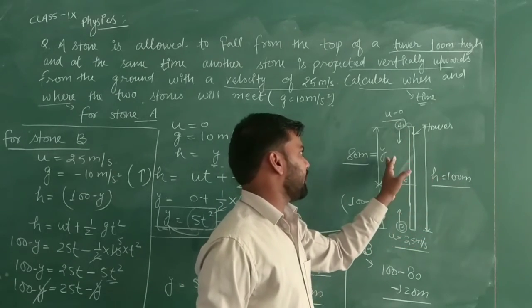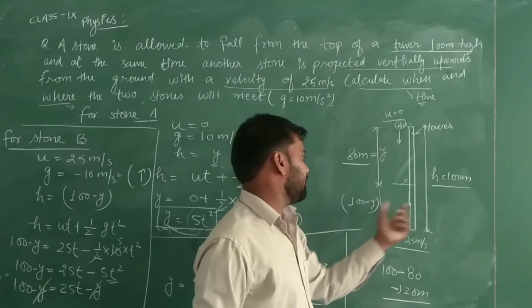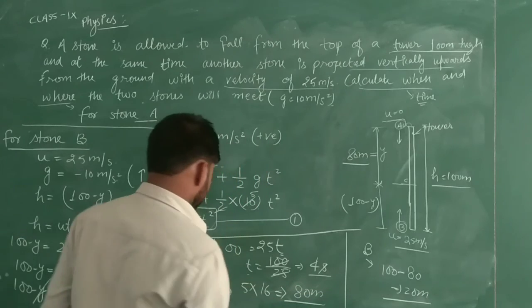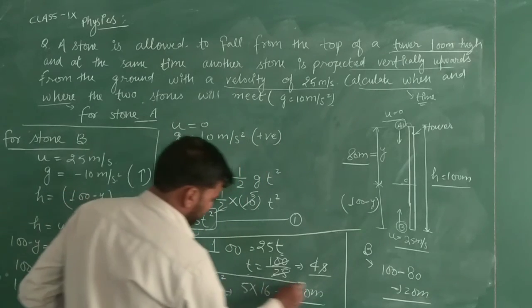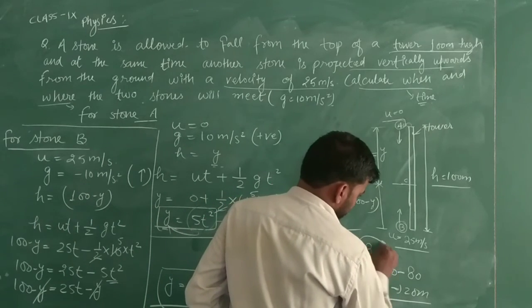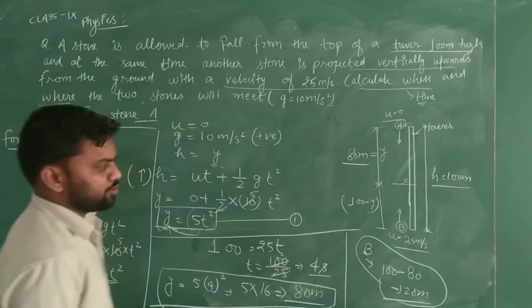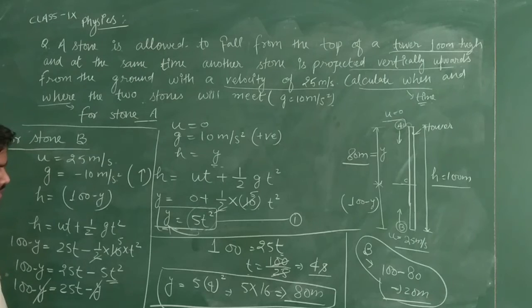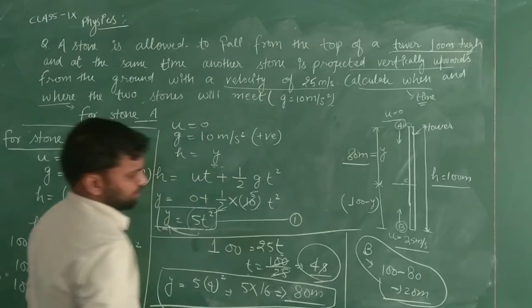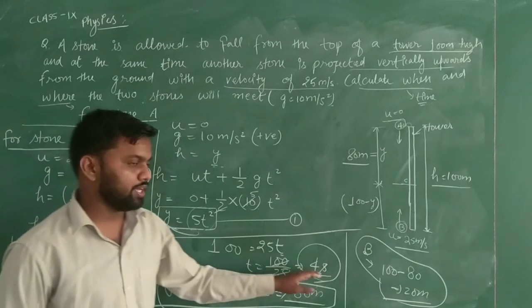If we subtract y from 100, definitely we will get 100 minus y. Okay, so these are the distances. A is traveling 80 meter to come to point C, and B is traveling 20 meter. So we get point C, and the time taken by both the objects to reach that point will be 4 seconds.